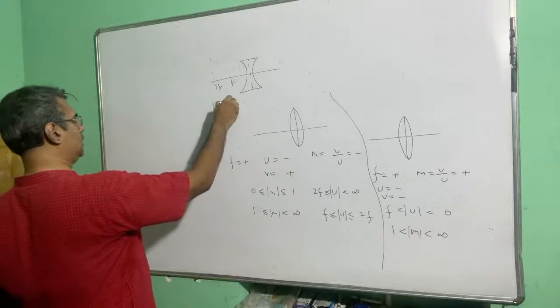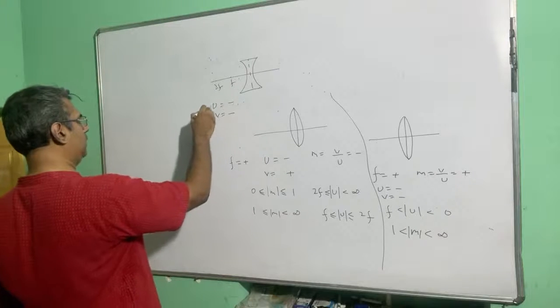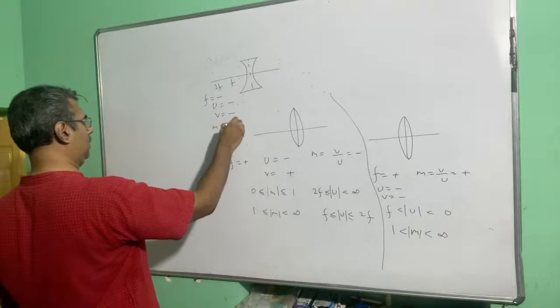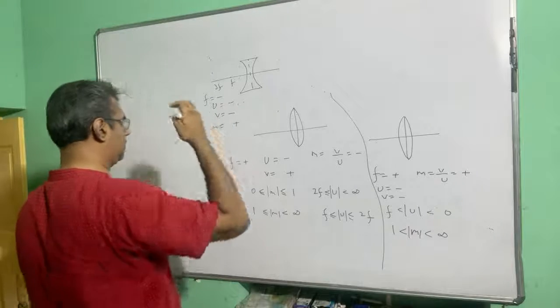So for the concave lens, U is negative, V is negative, F is negative, magnification is always positive.